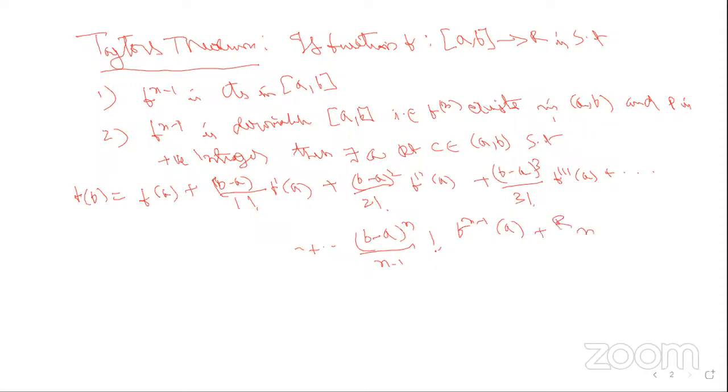Here Rn is the remainder, where Rn equals (b minus a) whole power p, (b minus c) whole power n minus p, f of n of c, whole divided by p into (n minus 1) factorial.